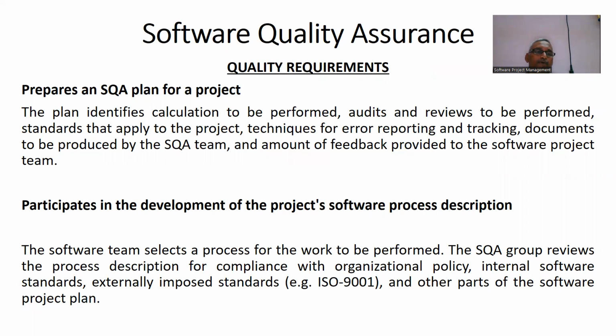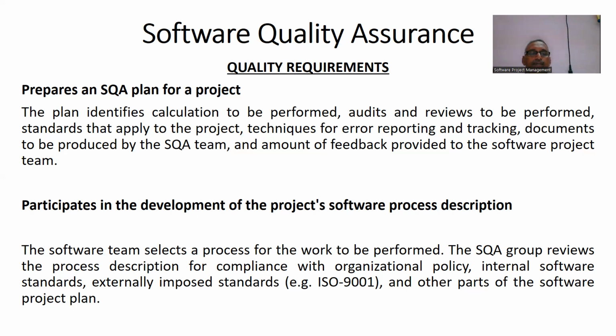Prepare an SQA plan for your project. The plan is developed during project planning and reviewed by stakeholders. The plan governs quality assurance activities performed by the software engineering team and the software quality assurance group.